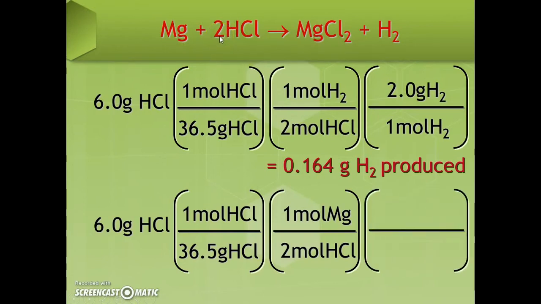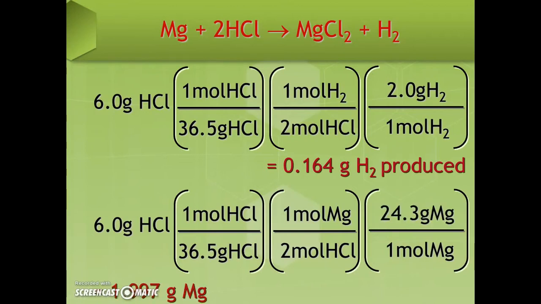Move back into the mass domain by multiplying by the molar mass of magnesium. And we find out that we're going to consume about 2 grams of magnesium. And then if we want to see how much magnesium will be left over, we simply subtract from the mass of magnesium we started with and get 3 grams of magnesium left over.